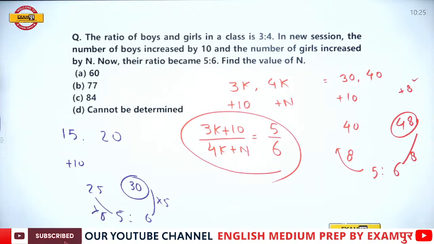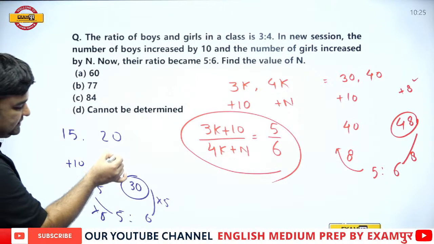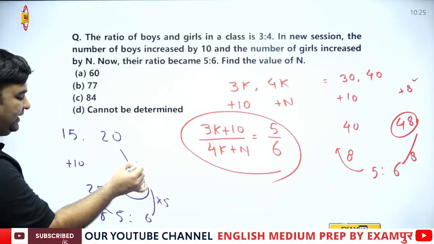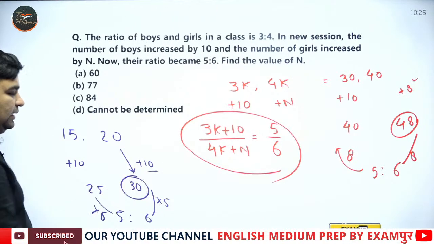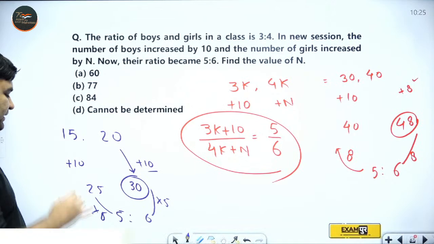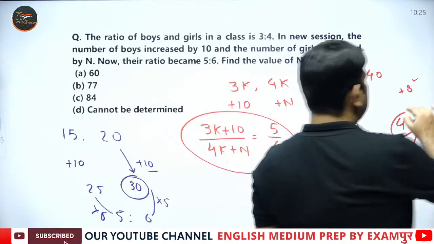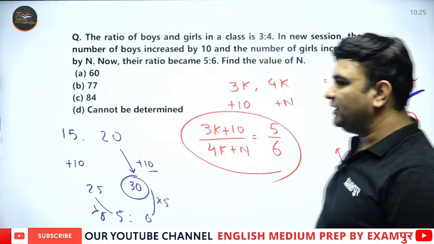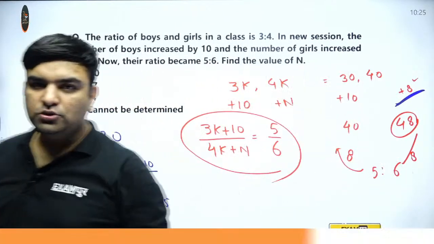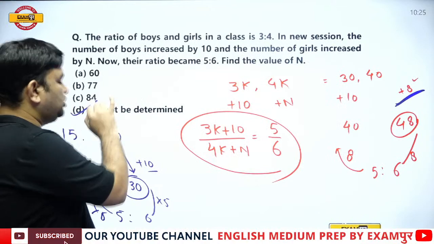So in this case, girls are increasing by 10. So for different values of k, different values of n are coming. So the answer would be cannot be determined.